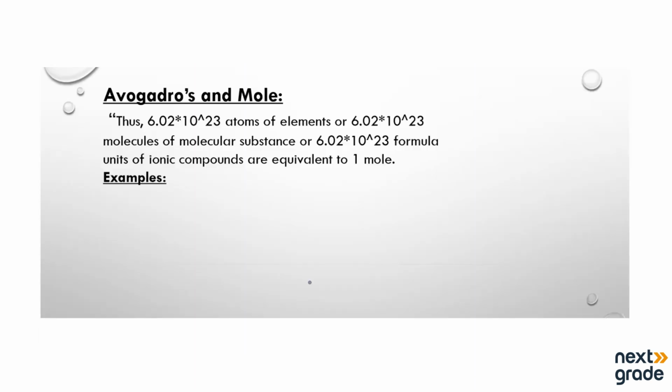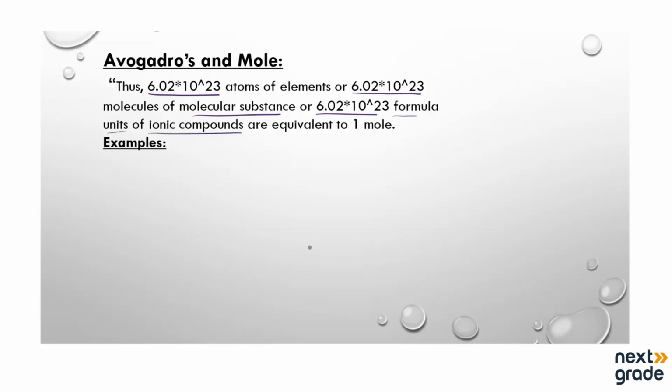Next, Avogadro's number and mole. 6.02 × 10^23 atoms of elements, or 6.02 × 10^23 molecules of a molecular substance, or 6.02 × 10^23 formula units of ionic compounds are equivalent to 1 mole. We can also explain it with examples.